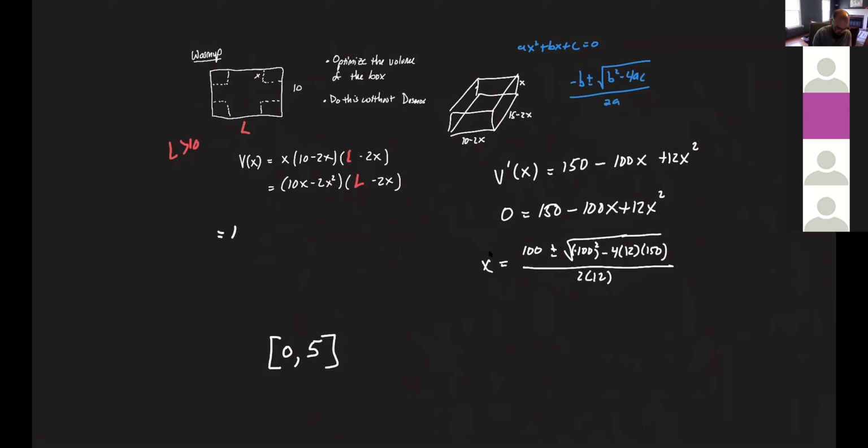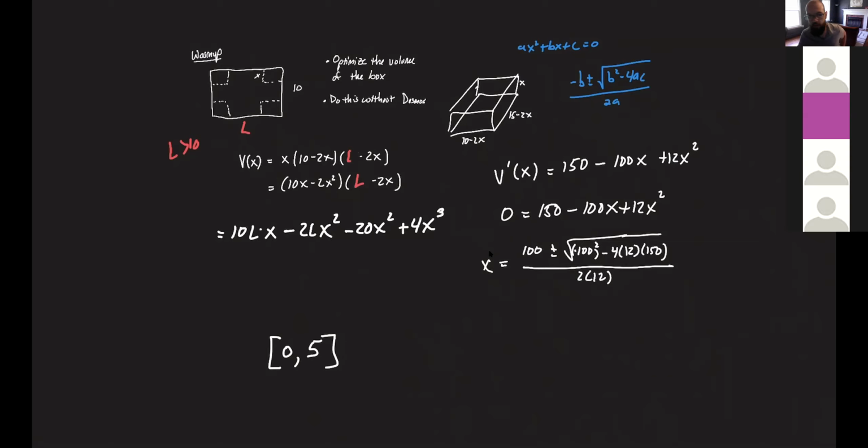So this is going to be 10L, that's going to be our number, times x, right? And then we'll get minus 2L x squared, right? And then we'll get minus 20x squared plus 4x cubed.